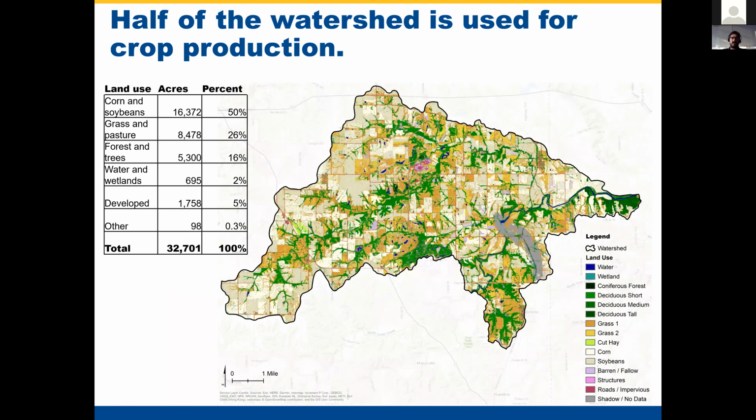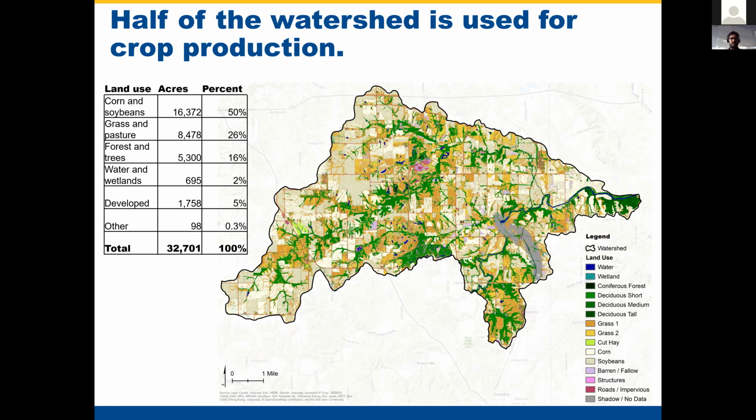As a reflection of that, the land use map here reflects that. So about half of the acres in the watershed are in corn and soybean production. Another 25% approximately are in grasses and pasture, with the balance in timber, developed areas, and other land uses.